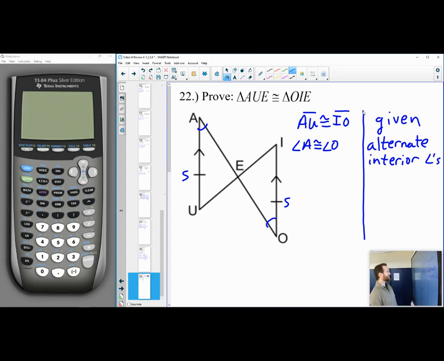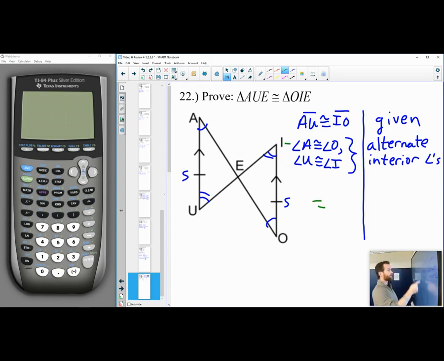And tell you what, I see another pair of alternate interior angles right here. Angle U and angle I. So I'm going to sort of cheat a little bit and put them on the same line. So angle A is congruent to angle O, and angle U is congruent to angle I. And both of those are going to be for the alternate interior angles. That one reason for both of those pairs of angles. And we've got three. We've got 1, 2, 3 pairs.